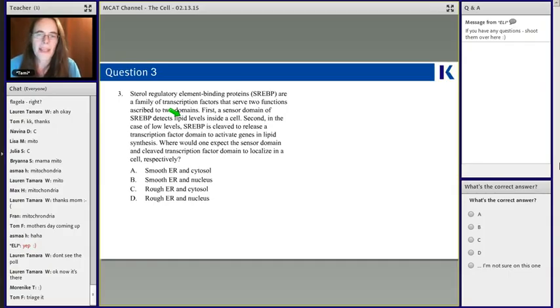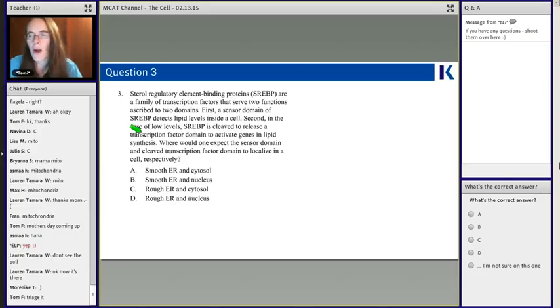Second, in the case of low levels, it's cleaved to release a transcription factor that activates genes in lipid synthesis. Okay, yeah, it's long. So I want you to focus on the fact that you've got two things in here that say lipid. And then you have the idea of transcription. Keep that in mind for when you do this question.